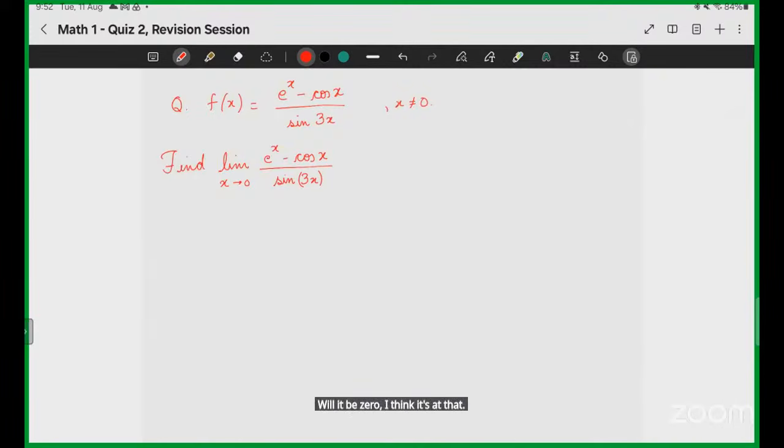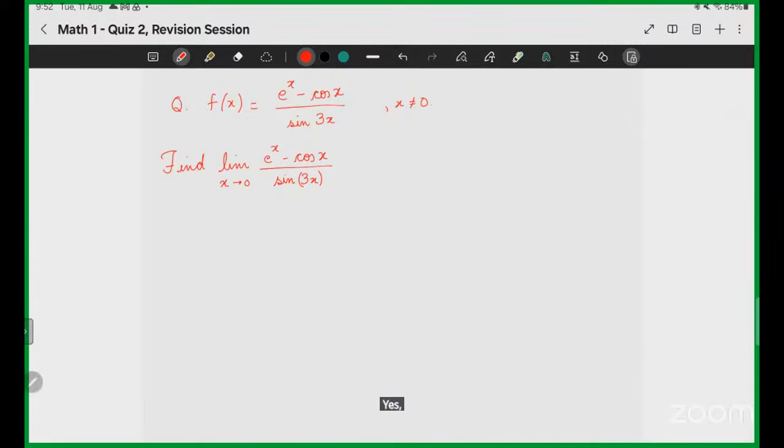In the numerator, it will be 0 obviously, but the denominator is also going to 0.